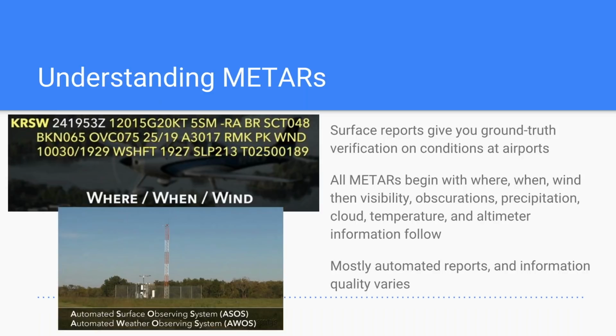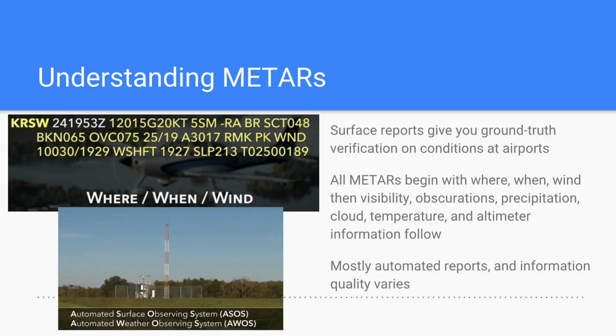Beyond that, METARs are a little different. You'll typically get a visibility. You'll typically get precipitation if it is reported. You'll typically get cloud bases, temperatures, altimeter settings. We'll also spend some time a little bit later on in this presentation discussing peak winds, wind shifts, things that happen beyond the remarks.